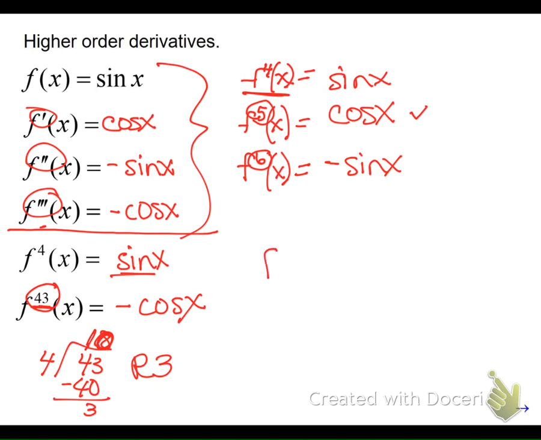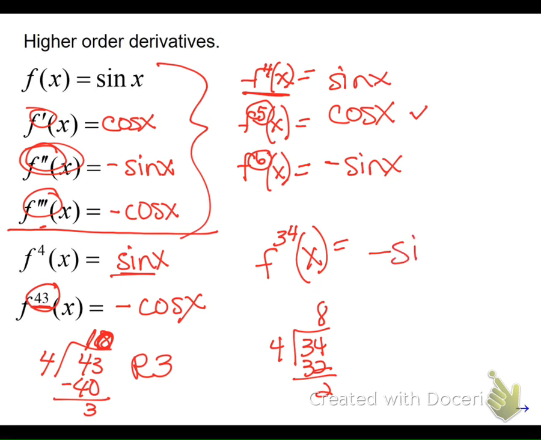Let's say we want the 34th derivative. 34 divided by 4, think of 32, there's a remainder of 2. So it's going to be the same as the second derivative. It'll also be negative sine.